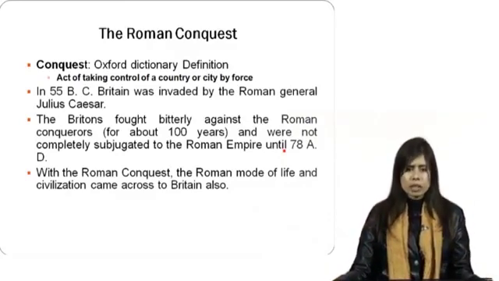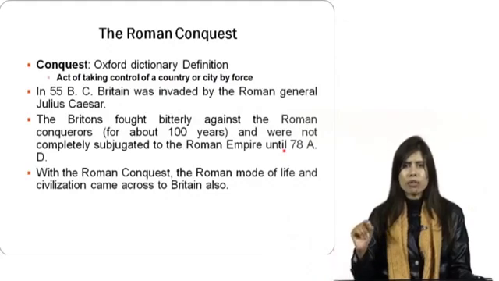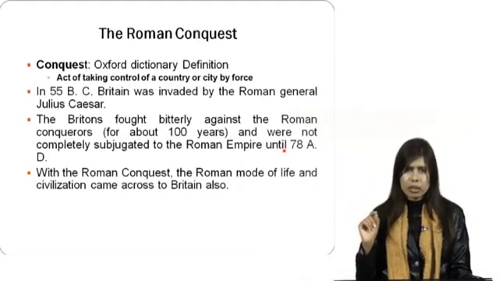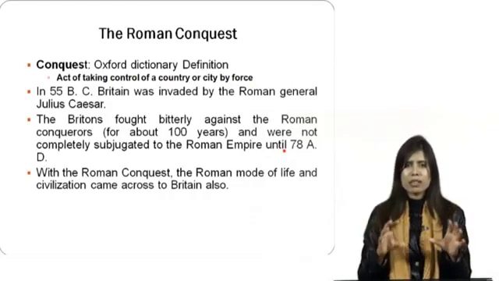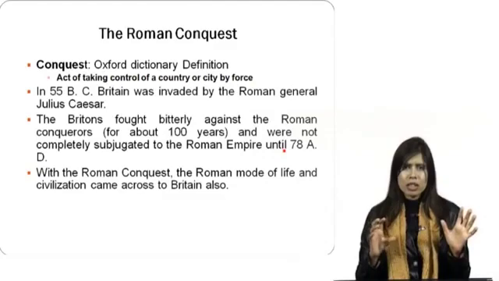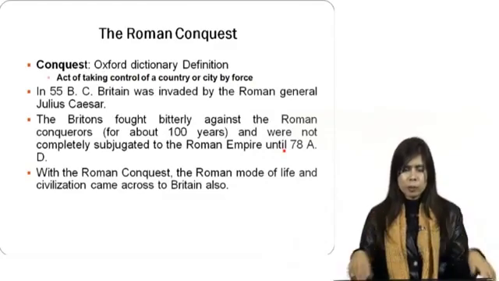In 55 BC, Britain was invaded by the Roman general Julius Caesar. So here you can see that for the very first time in the history of Britain, it was invaded by the Roman general Julius Caesar, and that happened in 55 BC. So now you should know who invaded Britain for the first time in the history of British literature.